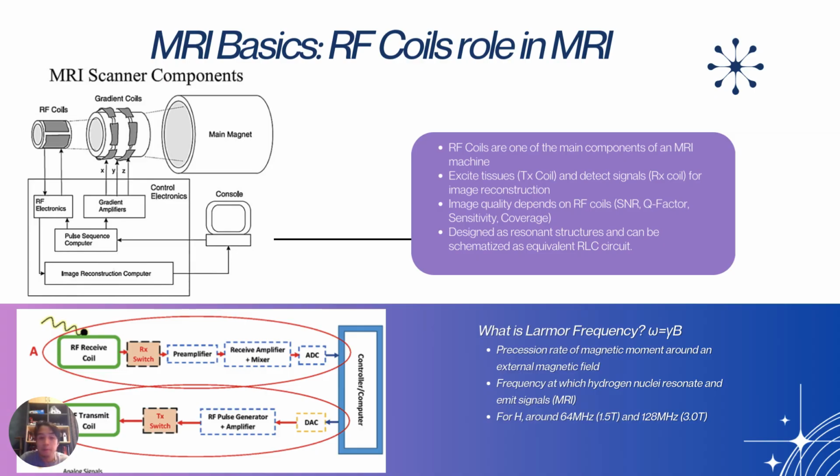Before we proceed to the circuits, we need to know what the Larmor frequency is. The Larmor frequency is the precession rate of a magnetic moment around an external magnetic field. In MRI, it is the frequency at which hydrogen nuclei resonate and emit signals.